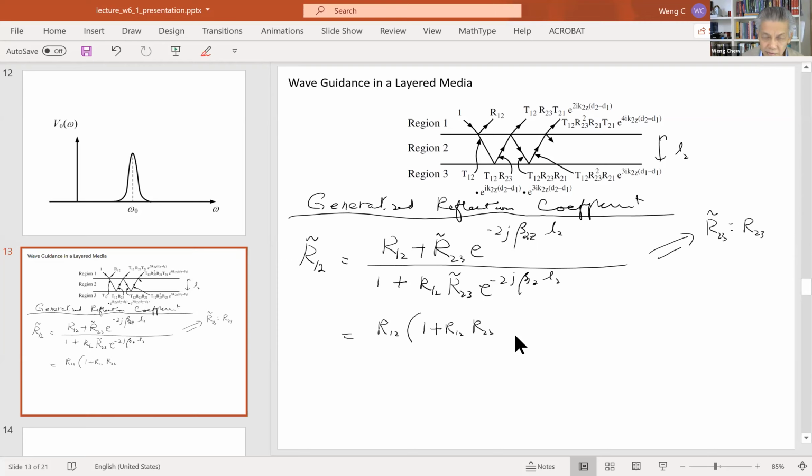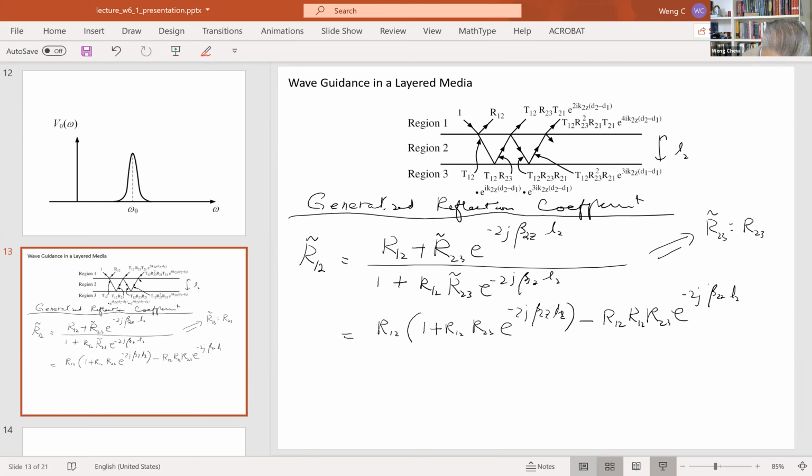Then if I were to rewrite this as e to the minus 2j beta 2z L2, okay, and then subtract it out again, subtract it out so that I have 1, 2, R12 R23 e to the minus 2j beta 2z L2.